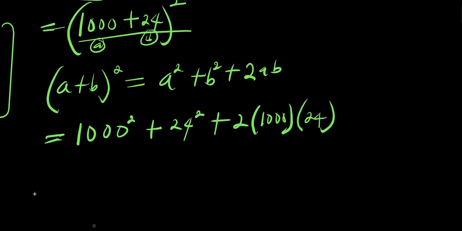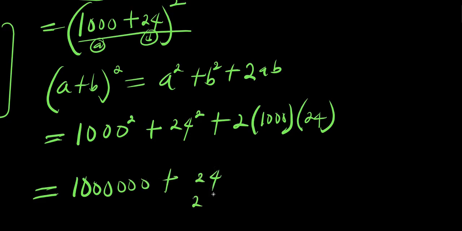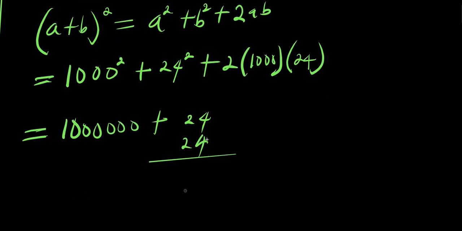So from here, I'll simply have 1000 squared is 1000 times 1000, that is 1 million. Plus 24 squared is 24 times 24. So let's multiply that out. 4 times 4, 16, 6 carry over 1. 4 times 2, 8, 8 plus 1, 9. 2 times 4, 8. 2 times 2, we have 4.